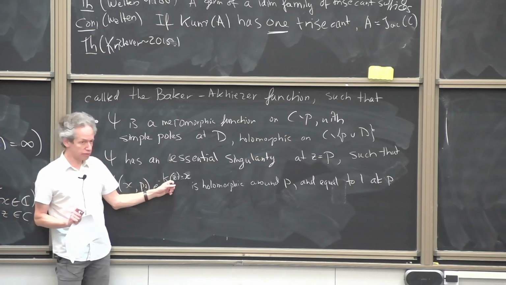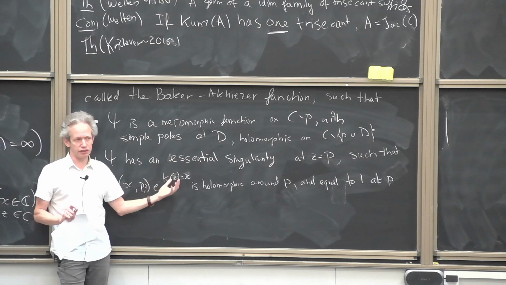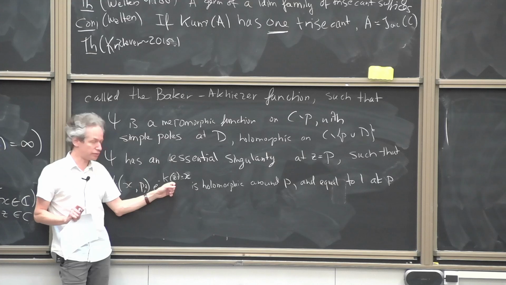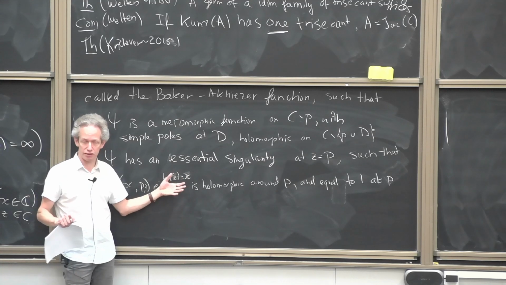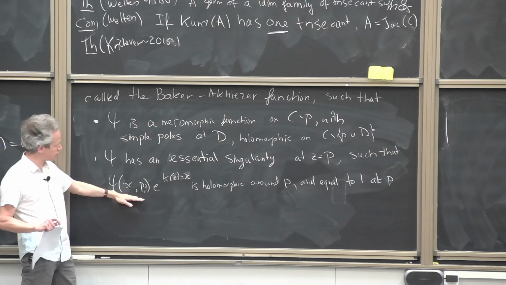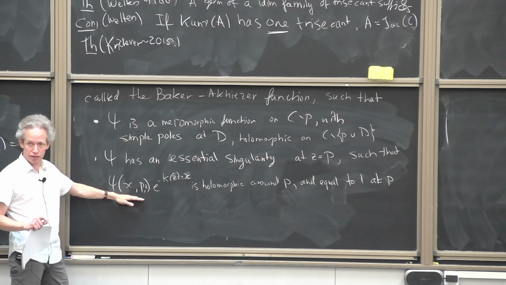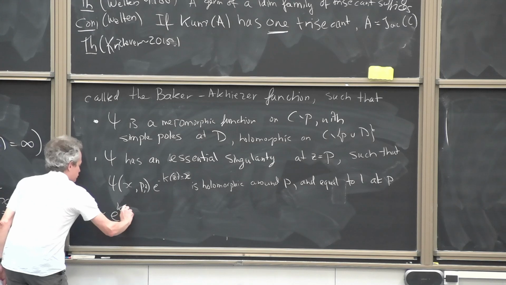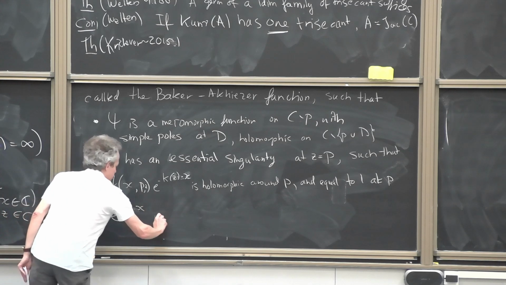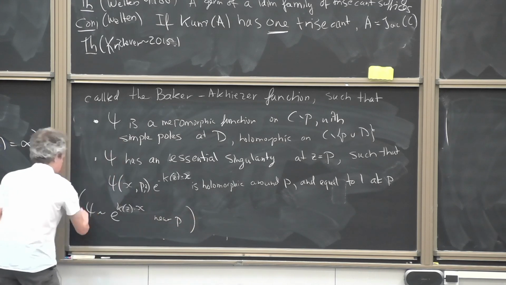And then remember, k is equal to infinity at z, so this is e to the minus something going to infinity. So this kills the essential singularity. So basically I want to say psi has the form e to the k of z times x near P. That's what I'm trying to say.